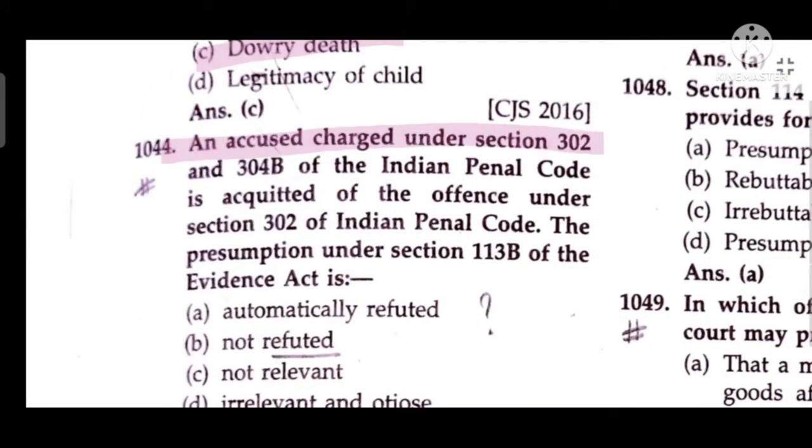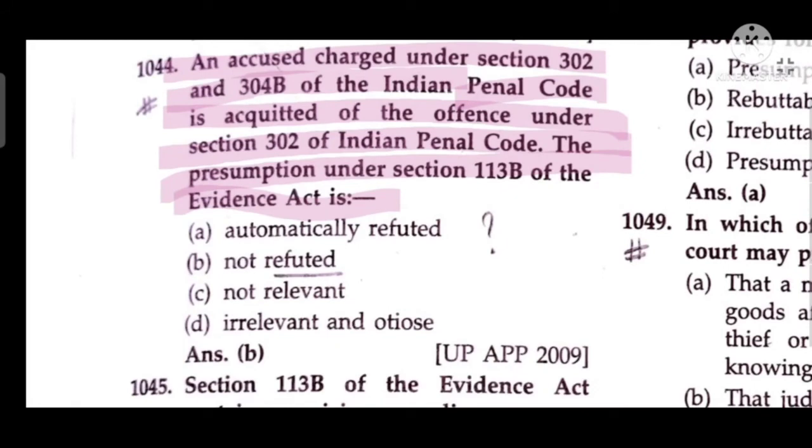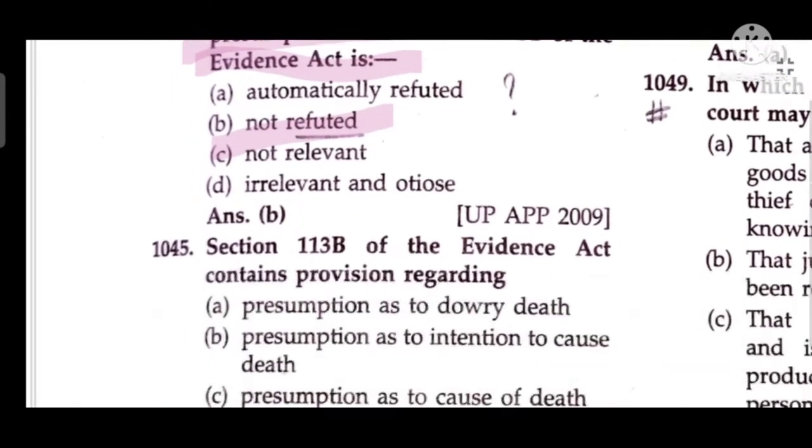An accused charged under Sections 302 and 304B of the IPC is acquitted of the offence under Section 302 of the Indian Penal Code. The presumption under Section 113B of the Indian Evidence Act is not refuted.